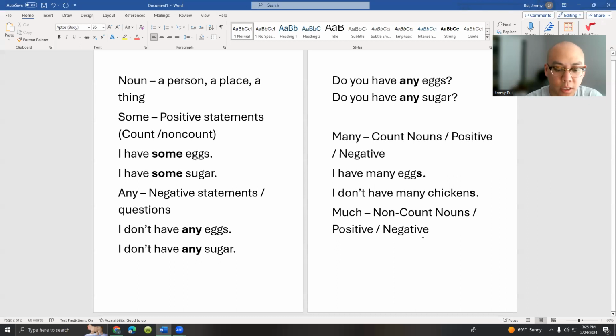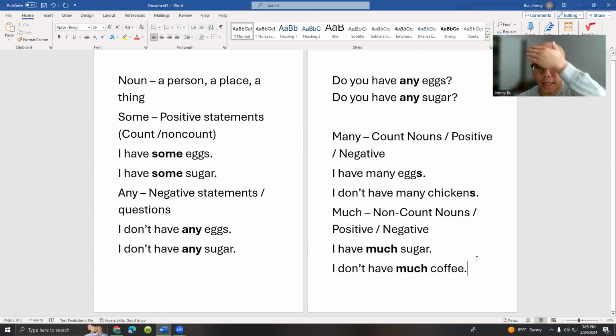Whereas much, I have much sugar. I don't have much coffee. Sugar and coffee are non-countable nouns. There are no plural forms, and so we use much.